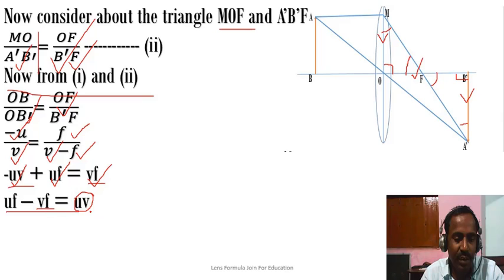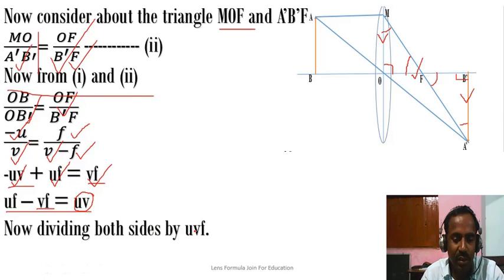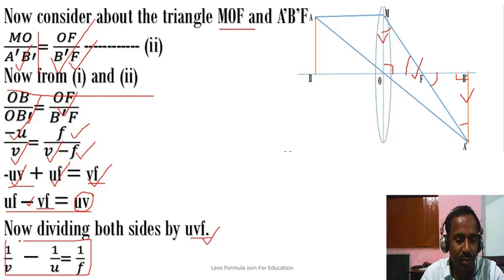Now, dividing both sides by UVF, UF divided by UVF gives 1 by V, minus VF divided by UVF gives 1 by U, equal to UV divided by UVF, which gives 1 by F. So, this is the last step, this is the lens formula: 1 by V minus 1 by U equals 1 by F.